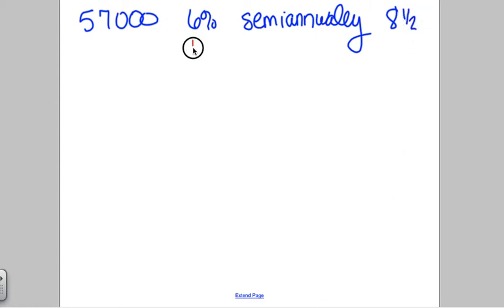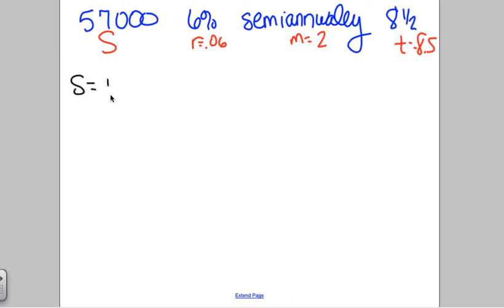So this is my T, which is really 8.5, this is really 0.06. Semi-annually means I have an M value of 2, and this is my S value, excuse me. This is my maturity value. I'm wanting to solve for my payments.